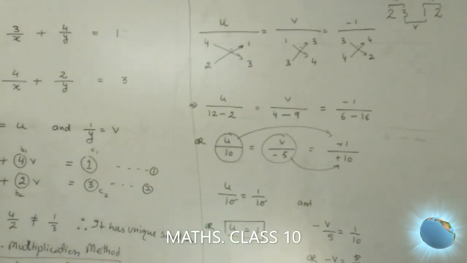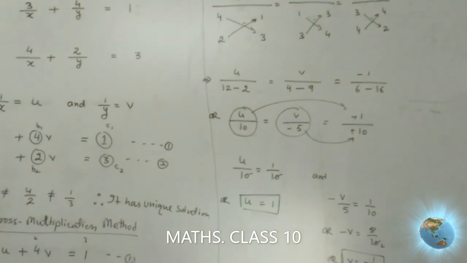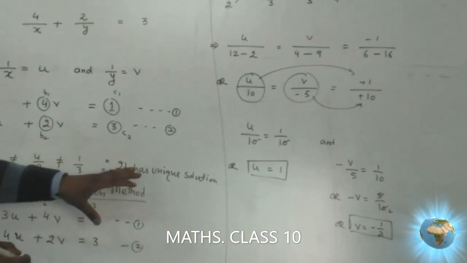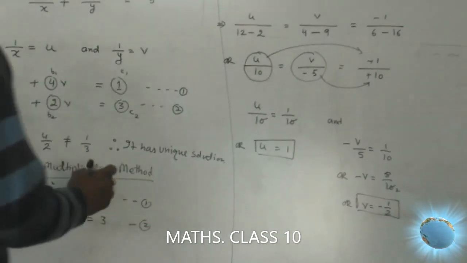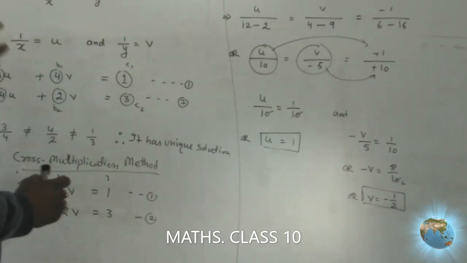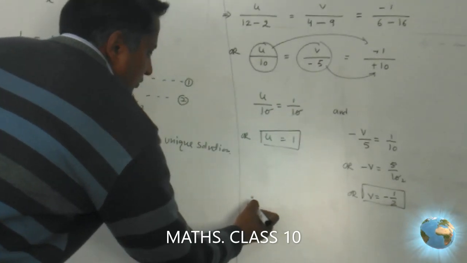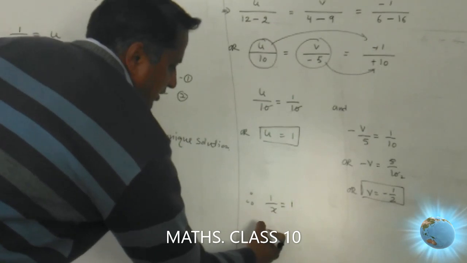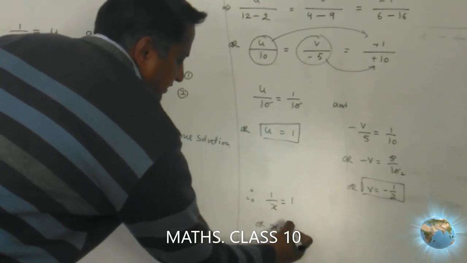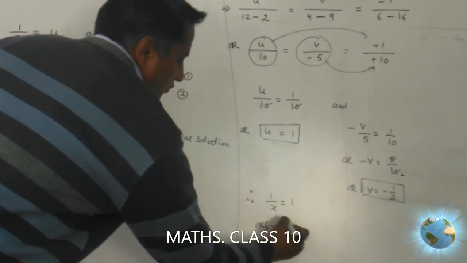But here we have to find the value of x and y. So at last we have to convert u and v back to x and y. As we know, the value of u is equal to 1 by x. So 1 by x is equal to 1, or the value of x is again equal to 1.